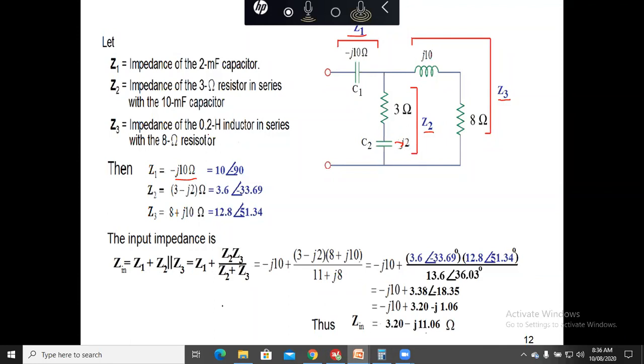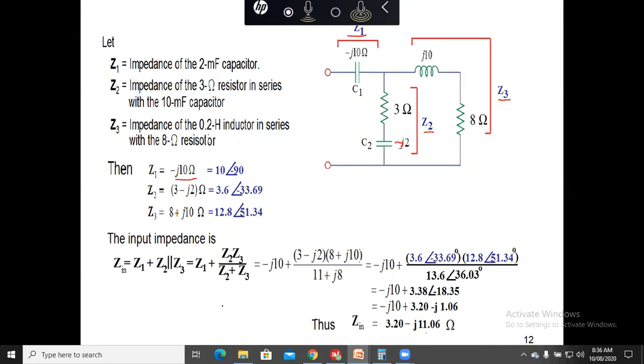So now we have this in the complex form. From this complex form, we have the phasor representation. So we can solve it, because the division and multiplication we can do in polar form.